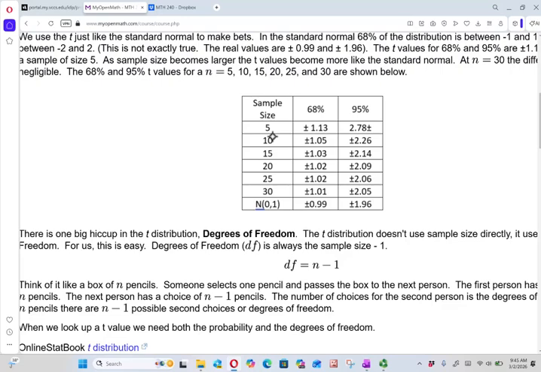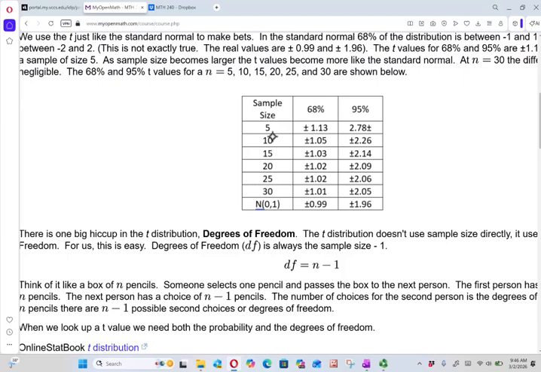This is, to me, completely useless. But this is the way everyone has been taught. Instead of using Z of 2, you would use Z or T of 2.78. As you get larger in sample size, the degrees of freedom becomes less important.